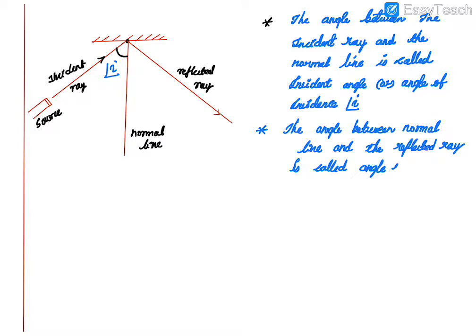So this is called angle of reflection, small r. This portion is called angle of reflection.